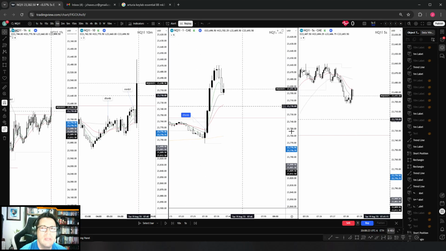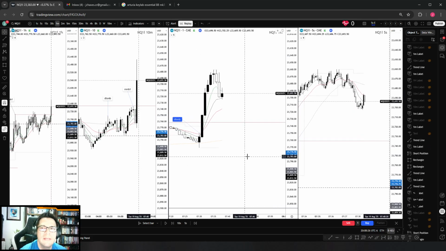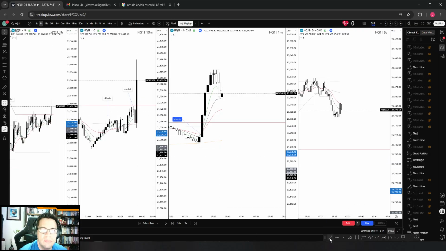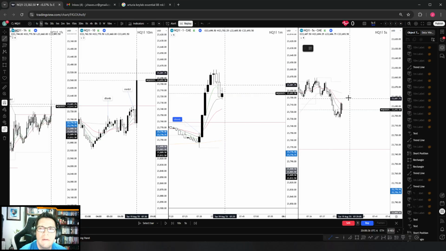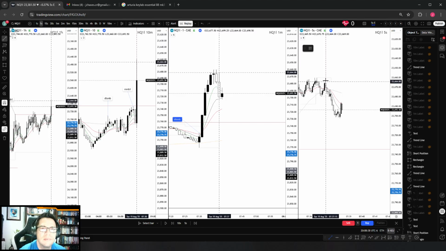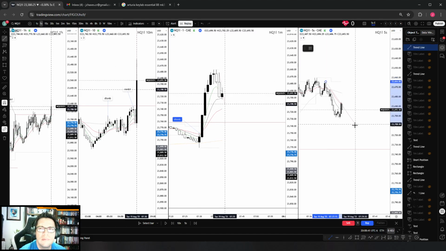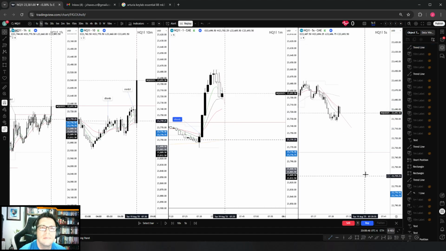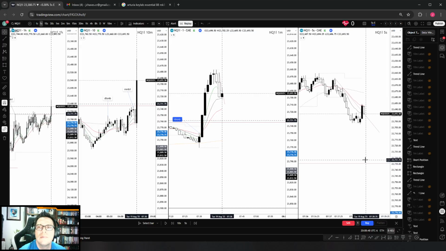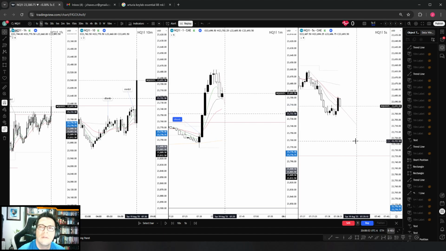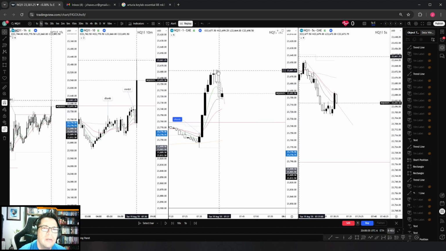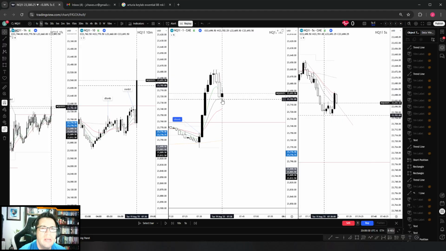If that occurs, now that is somehow happening there. So let's draw a containment line. So basically, as we get here, we are getting to the 20 EMA.